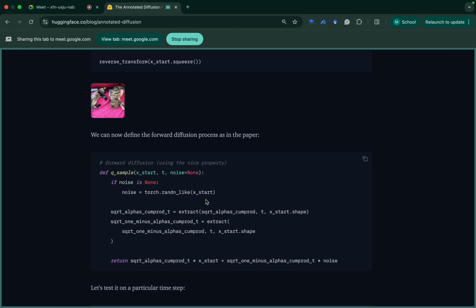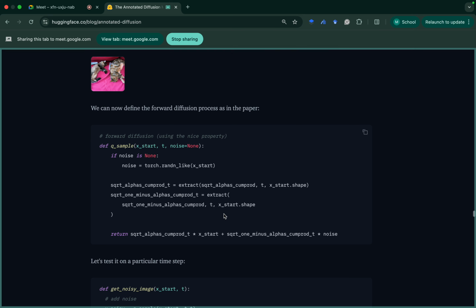Once you sample epsilon, you need the square root of alpha t bar, which they compute from that cumulative product, and given the time step, you fetch the t-th value from this matrix.